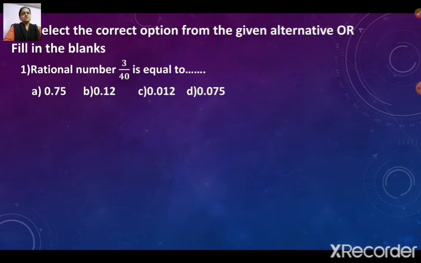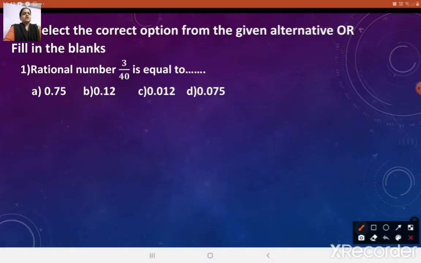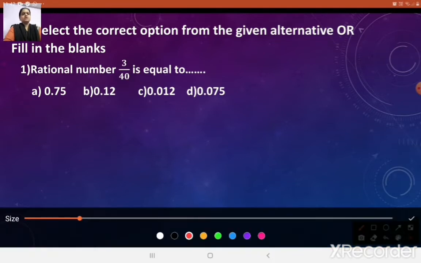So 4 options are given. By seeing the sum you can't give the answer, so you have to do the rough work. Here the rational number is given in fraction form. You have to convert it into decimal. So how to convert, do you remember? Yes, you will divide the numerator by denominator and get the answer.